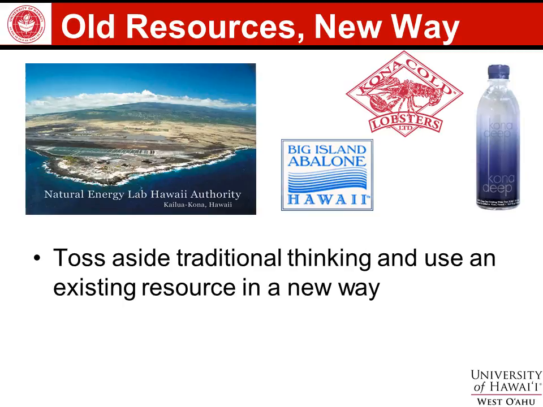A more creative option is Kona Cold Lobster. On the surface, you think Kona Cold Lobster, they must be growing lobsters, because lobsters from Maine are used to cold water, so you can use it to grow them. And that's true, that's what they started at, but they began to fail because it wasn't very profitable. Lobsters take too long to grow. What they did instead is they recognized we can use this resource, the cold water, but not to grow things, but to keep things cold as a cooling agent, to recharge these lobsters as they fly all the way from the opposite side of the United States, thousands of miles.